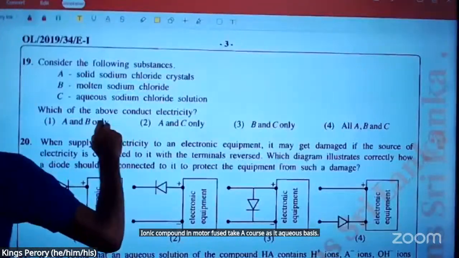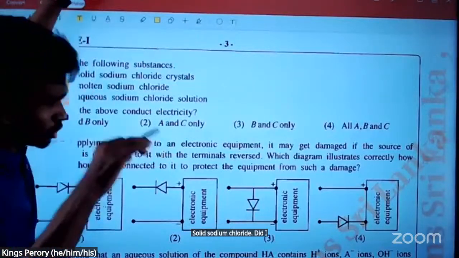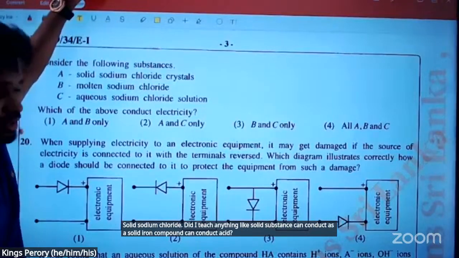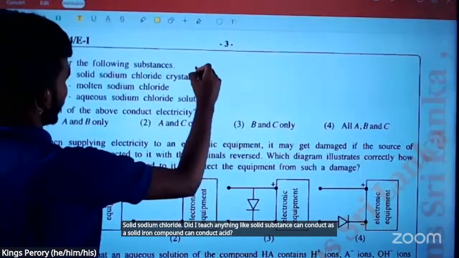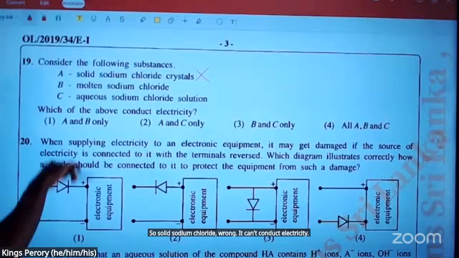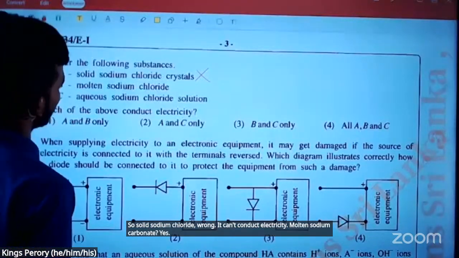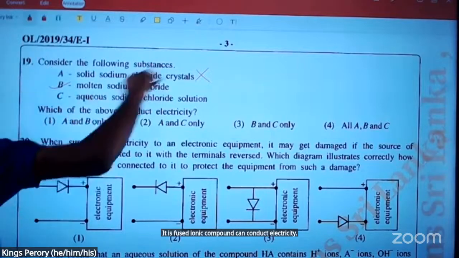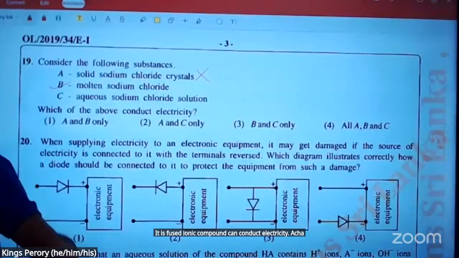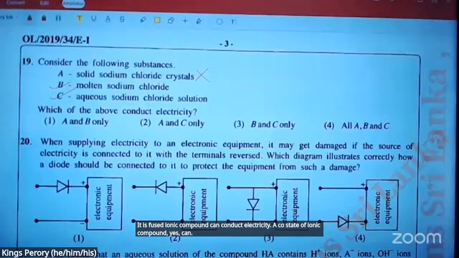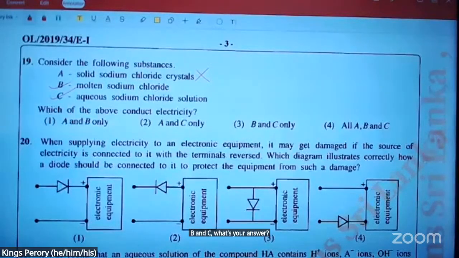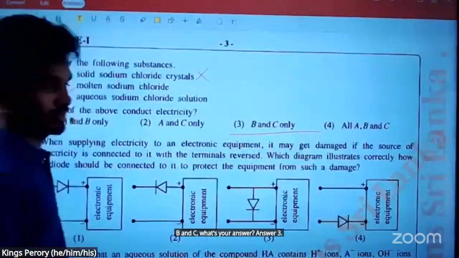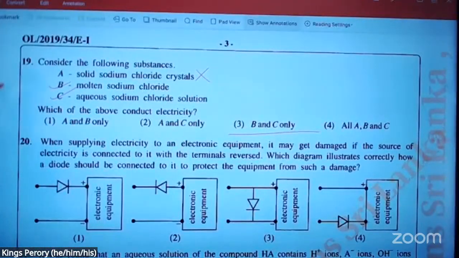Solid sodium chloride: did I teach that a solid substance can conduct electricity? Solid ionic compound can't conduct electricity, so solid sodium chloride is wrong. Molten sodium chloride, yes. It is a fused ionic compound, it can conduct electricity. Aqueous sodium chloride, aqueous state of ionic compound, yes, it can. B and C, what's your answer? Answer 3.